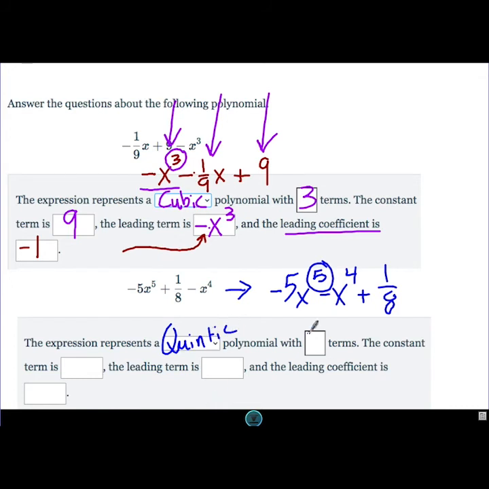How many terms? 1, 2, 3. The constant term, that's at the end there. One without an x. And sometimes there isn't a constant. If you don't see any number without an x, you just say there isn't a constant. The constant term is 0. Leading term, the one in the front here. And then that leading coefficient is -5.